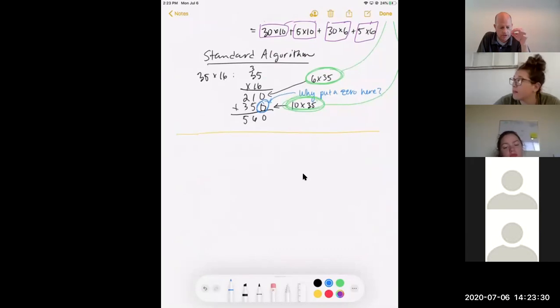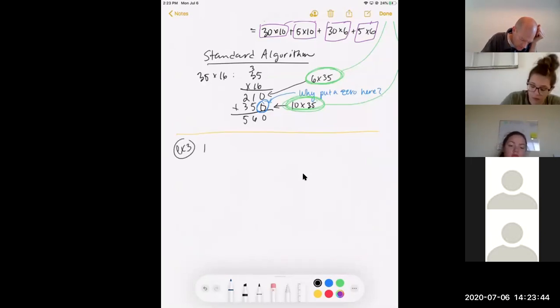So the base block model is a way to show an area model or an open box method. So I'm going to multiply something using another method, and it's called open box. We'll use the same numbers so we can make some more connections. 35 times 16 using the open box method.